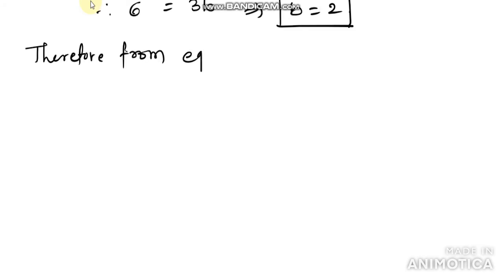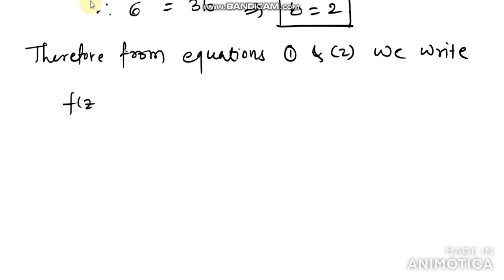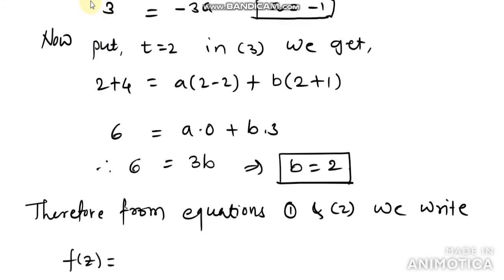So therefore from equations 1 and 2 we write f of z equal to minus 1 upon t plus 1 plus 2 upon t minus 2.